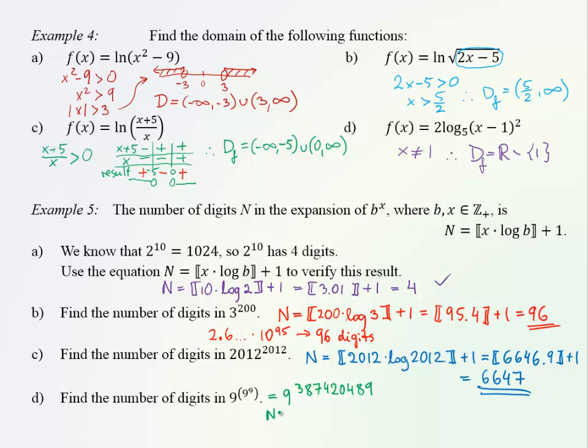So the number of digits in this number is the greatest integer of the exponent, which is 387420489, times log of 9, and then plus 1. After your calculation, you should end up with 369693100. That's the number of digits in this big number.